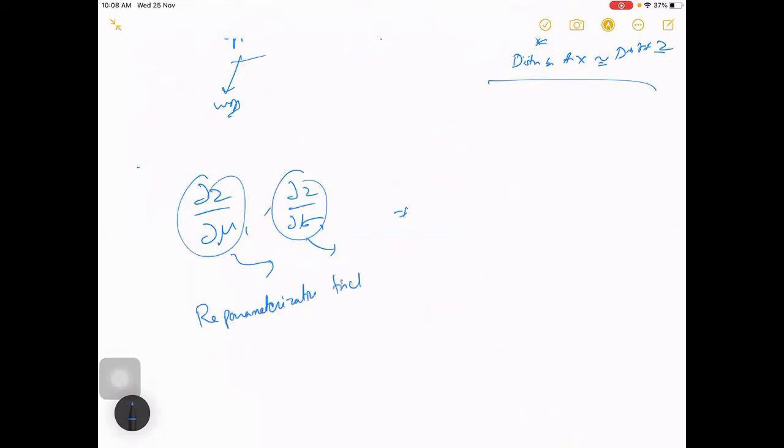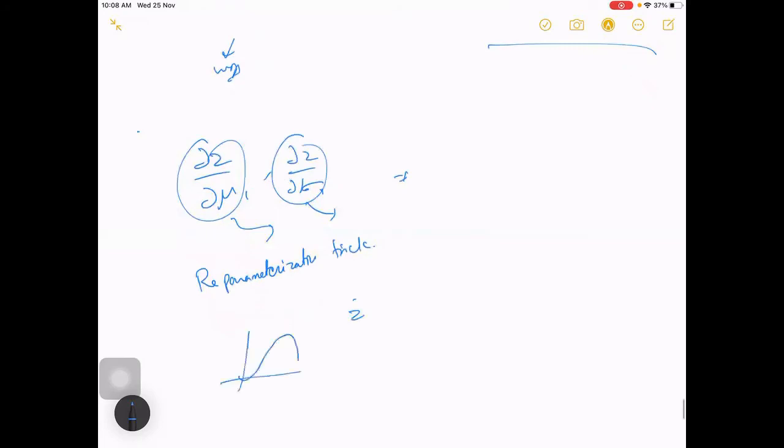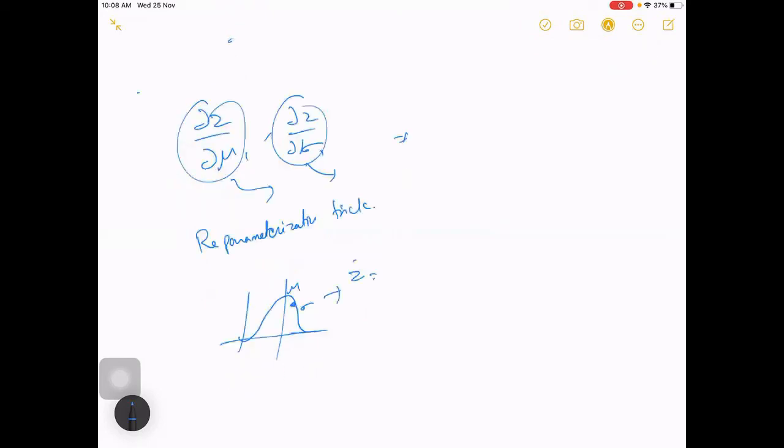To get a relation here, instead of directly randomly sampling z from your distribution with mu and sigma, we introduce one more distribution, which is a normal distribution with mean 0 and standard deviation 1.